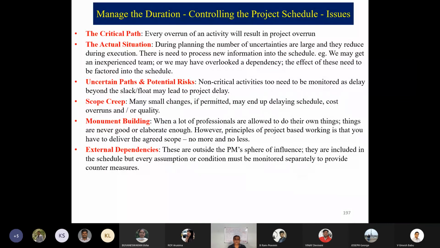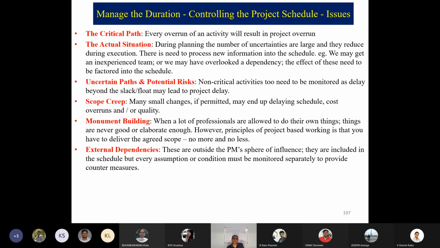Manage the duration, controlling the project schedule issues. The critical path: every overrun of an activity will result in project overrun. The actual situation: during planning the number of uncertainties is large and they reduce during execution. There is need to process new information into the schedule.